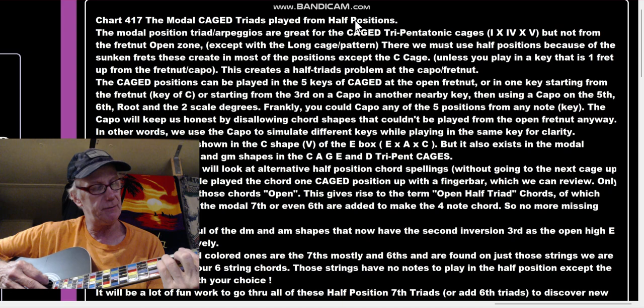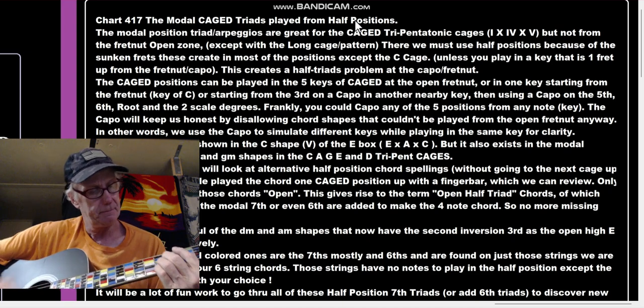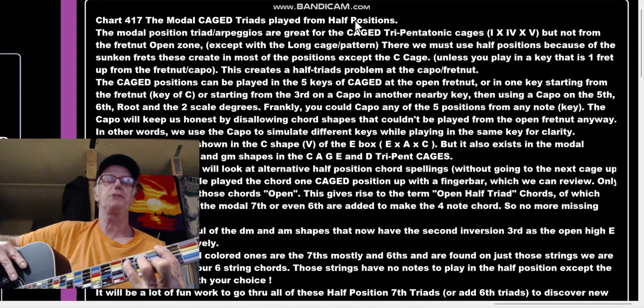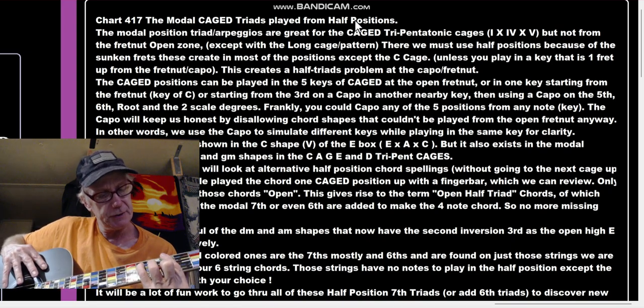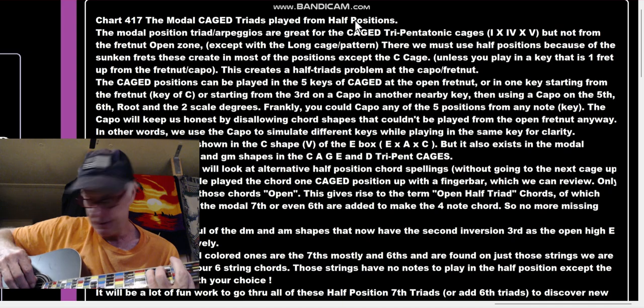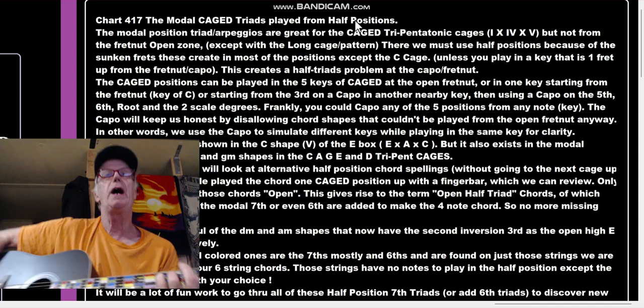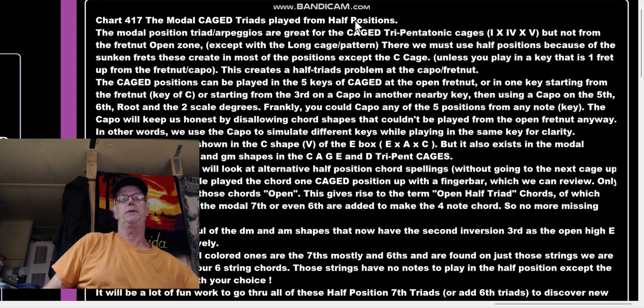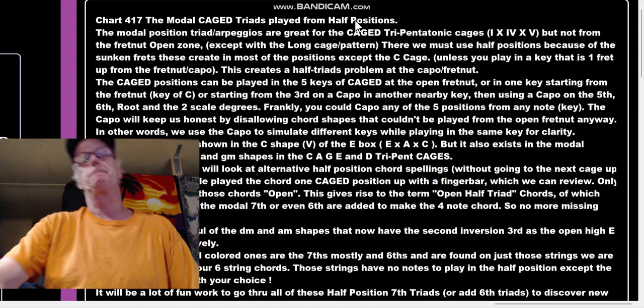So we'd have the full position, but the half position is just like this. So how are we going to play it? That's what I'm talking about with that half of the position.